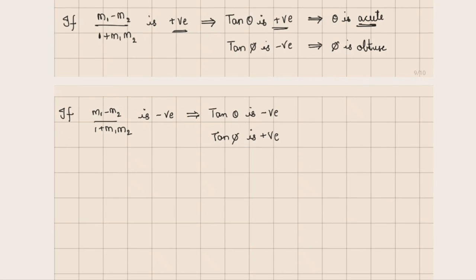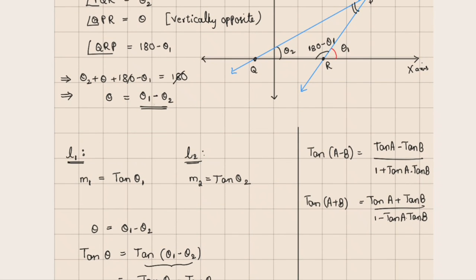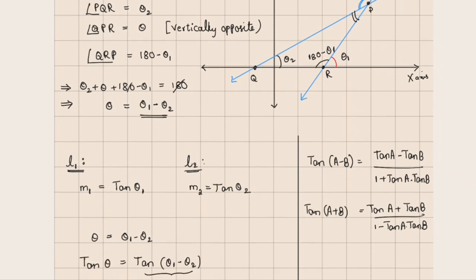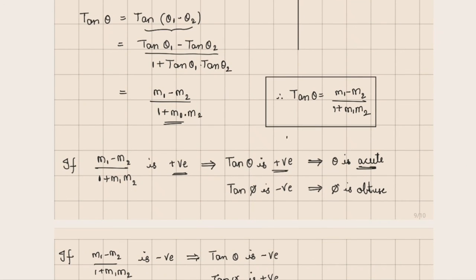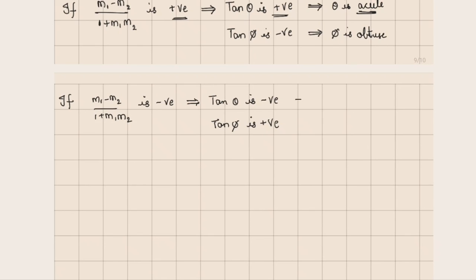Why? Because theta is theta 1 minus theta 2 and phi is 180 minus theta, so tan phi equals tan of 180 minus theta, which is equal to minus tan theta. So if tan theta is positive, tan phi is negative. If tan phi is positive, tan theta is negative. That implies theta is obtuse and phi is acute.